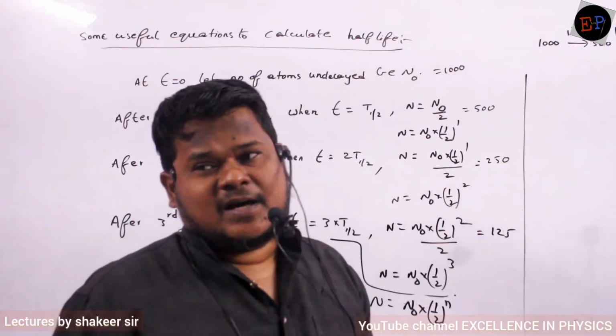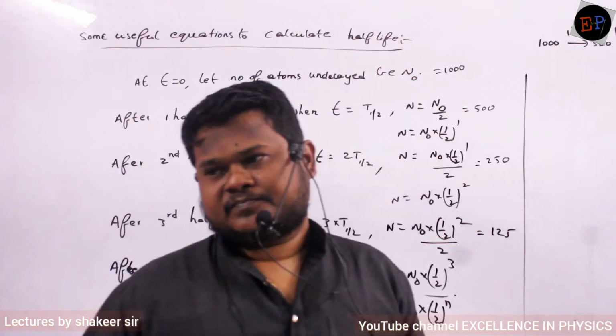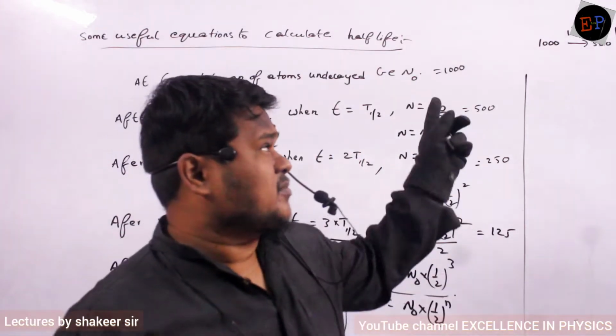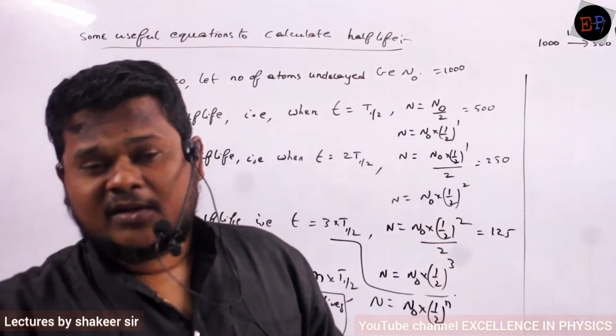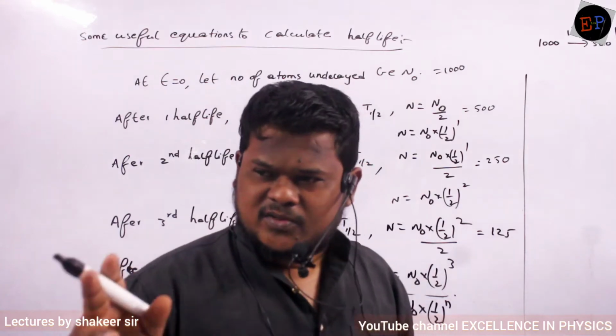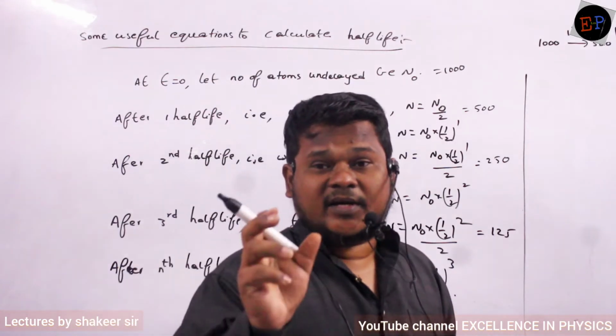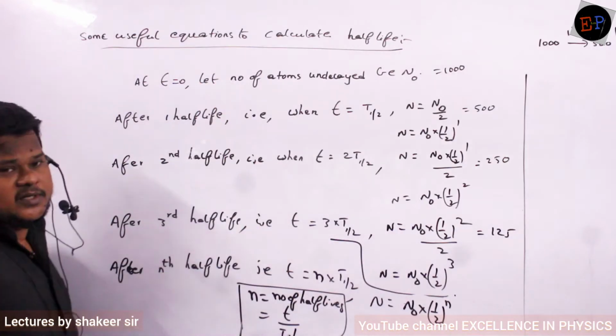Half-life always remains constant for that particular material. From 1000 to 500 is 1 hour, 500 to 250 is also 1 hour, 250 to 125 also 1 hour, 125 to 62.5 also 1 hour. So this is how radioactivity behaves. Based on that logic only we have done this total calculation.